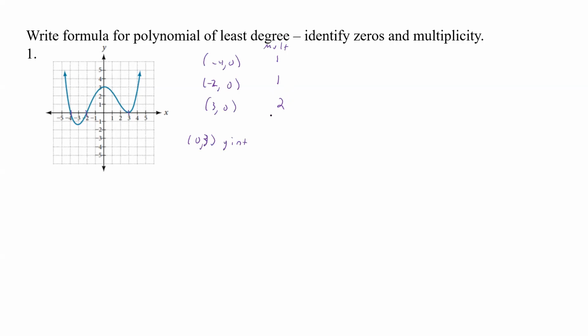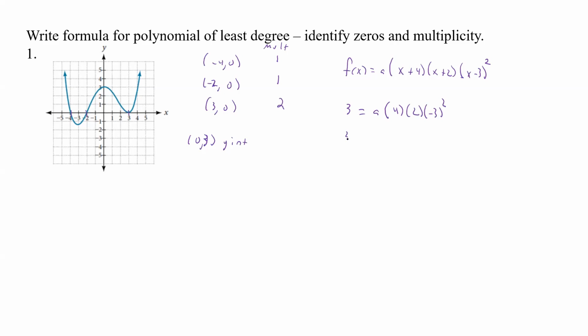Okay. Now we have a y-intercept of 0, 3, and that's going to be useful when we have to solve for that a. All right, so if we plug everything in that we know here, f of x equals a times x plus 4, x plus 2, and then x minus 3, and remember, multiplicity of 2, so that's squared, okay? Now we plug in our 0, 3, so 3 equals a times, and we plug in 0, that's 4, that's 2, that's a minus 3 squared.